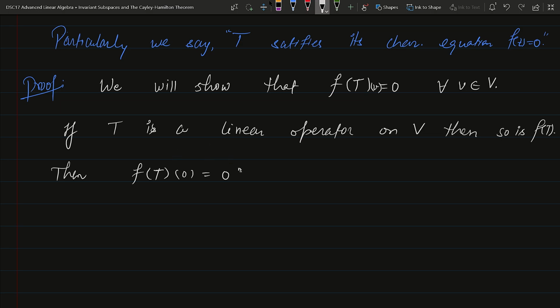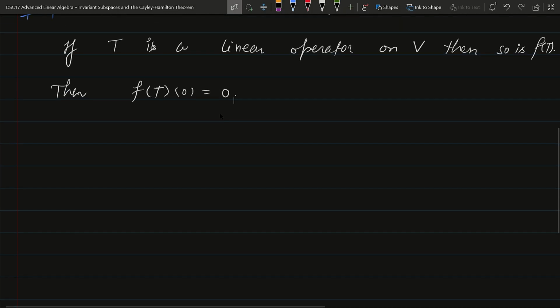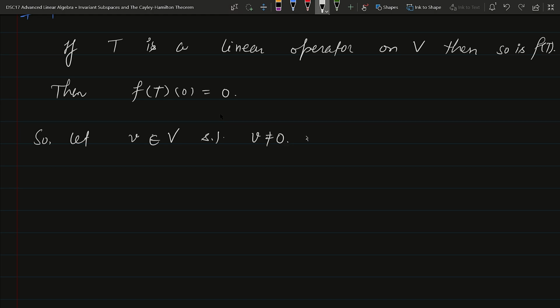ठीक है. Now you can choose any non-zero vector, and the moment you have a non-zero vector you can talk about T cyclic subspace generated by that non-zero vector. Okay, so let us consider that. So let v belongs to V such that v is not equal to 0.